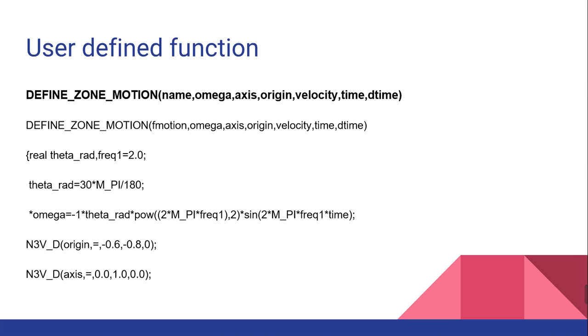I define the zone motion including name, omega, axis, origin, velocity, time, and dt. I need to set up the angular velocity and origin coordinate, and then I will test this code to see the motion.